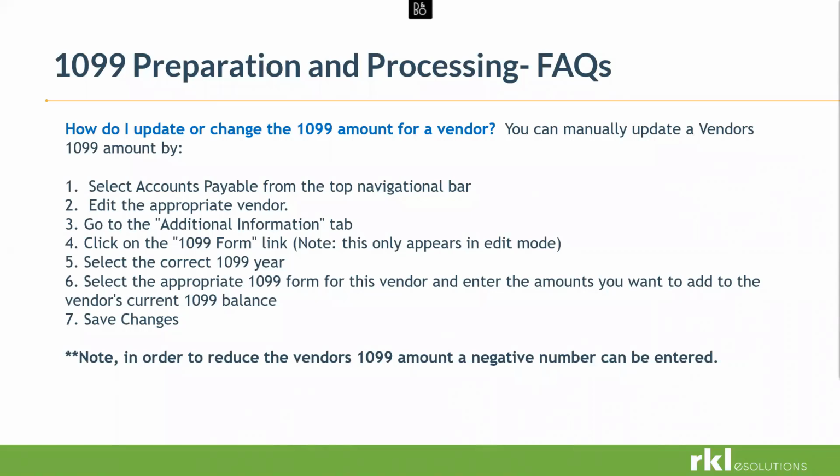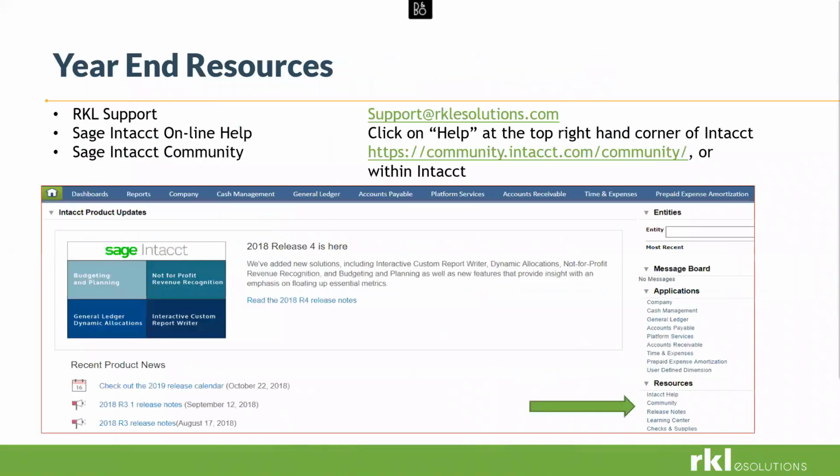Nine times out of ten, the issue is because it was a mid-year conversion, or maybe you forgot that the vendor was a 1099 vendor until you were processing 1099s at year end. Then you can set them up and update the box for the amount that was actually paid out to them.